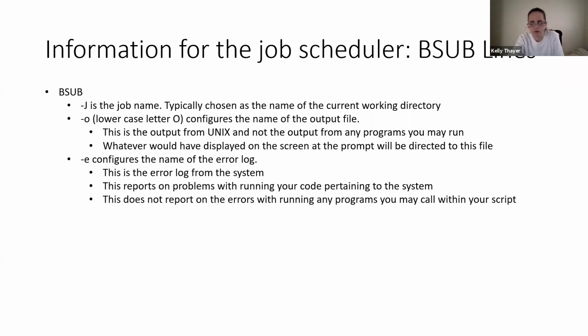So it may have some contents in it that are not necessarily errors, but sometimes the output can be helpful to figure out what the errors are. And if your program is throwing an error and it were to throw it to standard out, it would show up in the -o, whatever file you configure for there. So what you're putting there is the name of the file which will contain that information after you run your job.